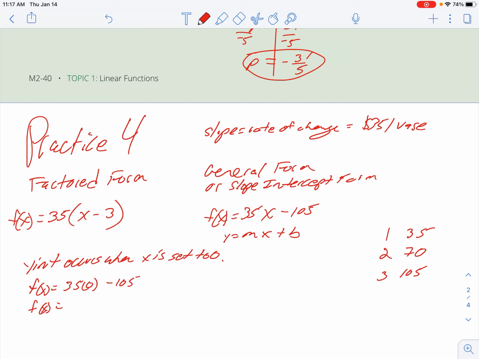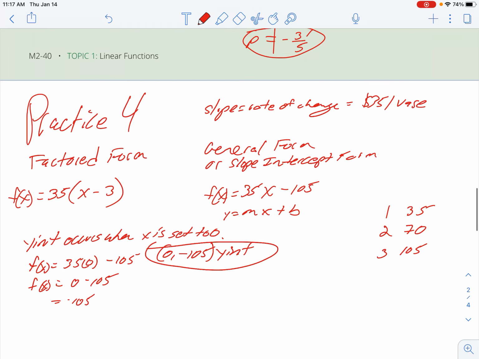So when we do that, 35 times 0 is 0, and that's where I said we can always get the y-intercept from slope-intercept form, okay? So that makes sense. We've sold 0 vases, and we've lost $105 because we lose 3 of those in the kiln, okay?